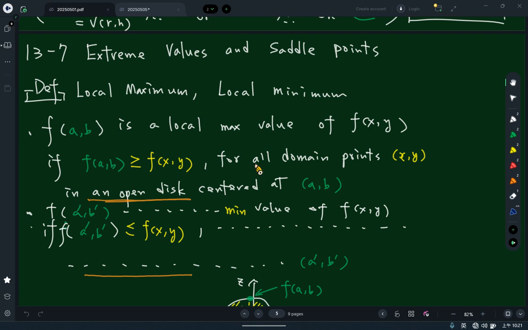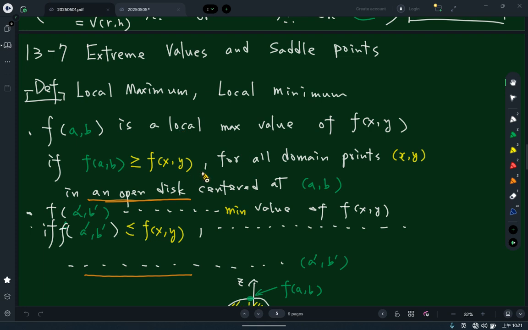Because for single variable functions, we just focus on an open interval. But right now it's a two variable function, so of course the domain will lie in the xy plane.